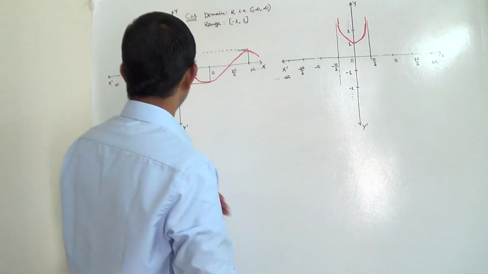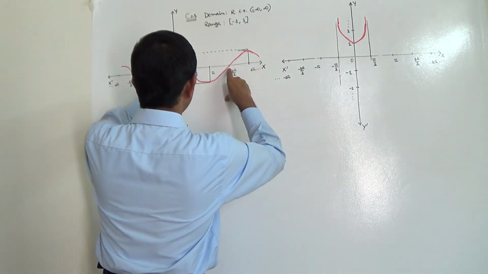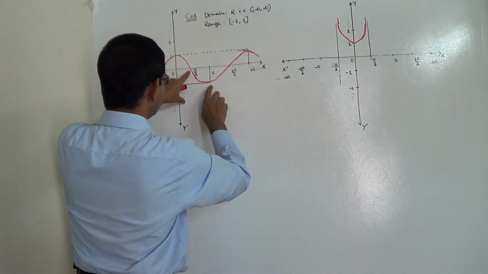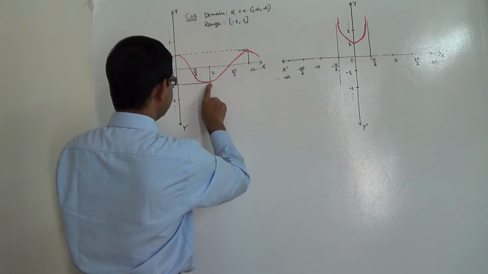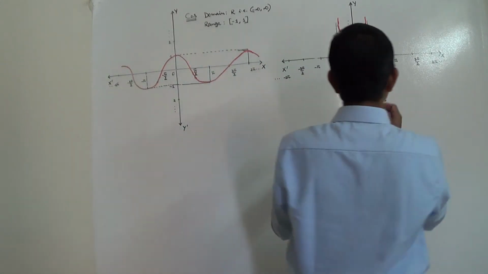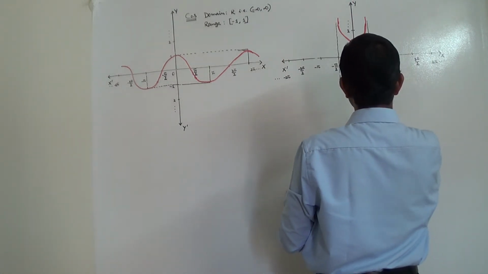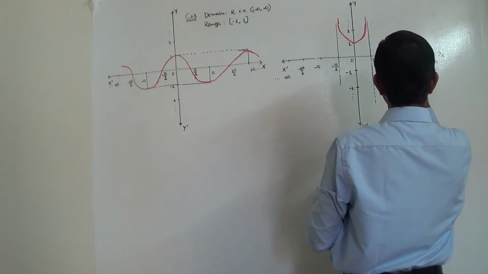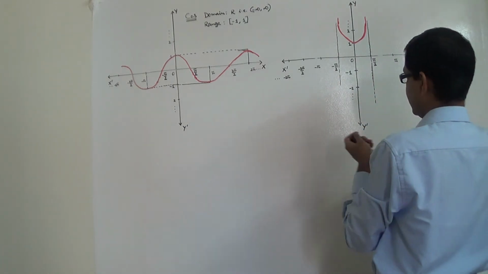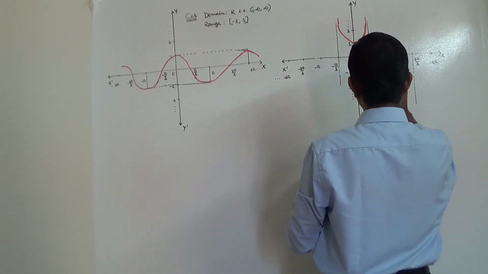In a similar manner, we can find the curve between pi by 2 and 3 pi by 2. If we find the value of sec, it will be flipped around the point pi and it will be like this. Sure, let us draw. Here is the line which is getting continued, here also it is getting continued, and the curve will be like this.